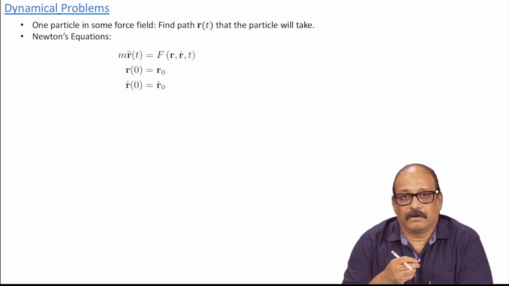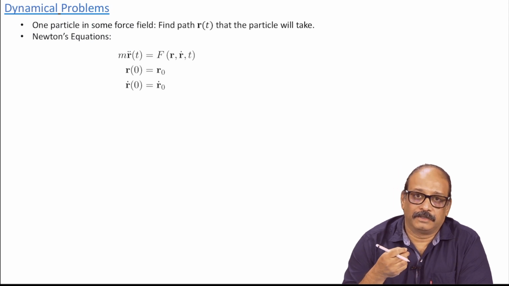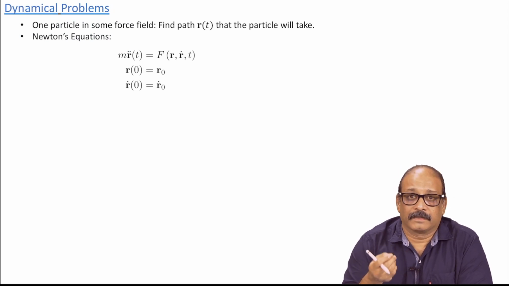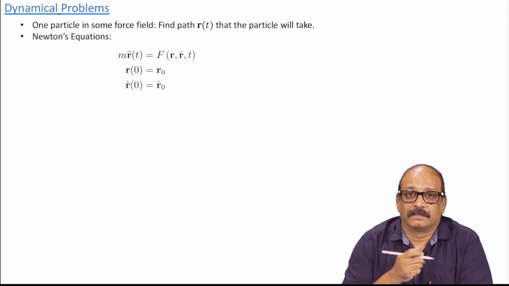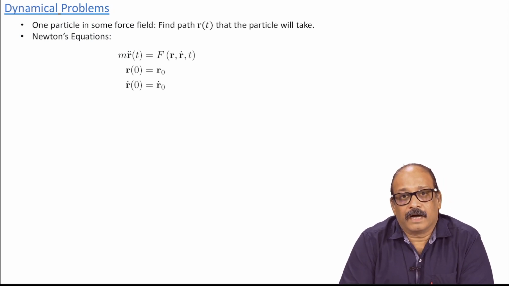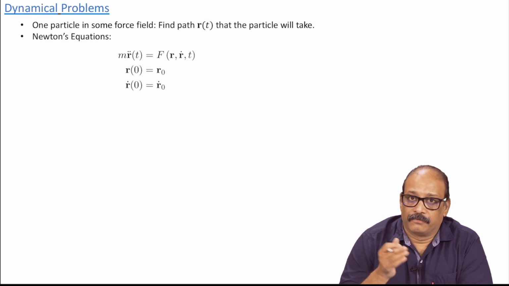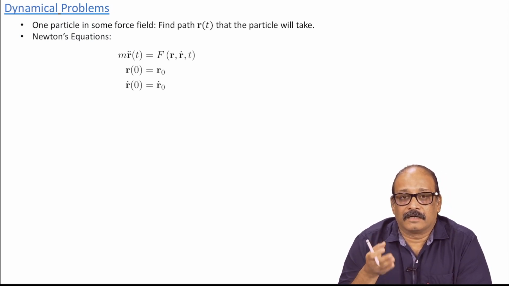And of all the paths that it can possibly choose, which path will it take? It will take one of those paths which satisfies Newton's laws, which is given in the form of a differential equation, m r double dot is equal to force, which may be a function of r dot and t and so on.